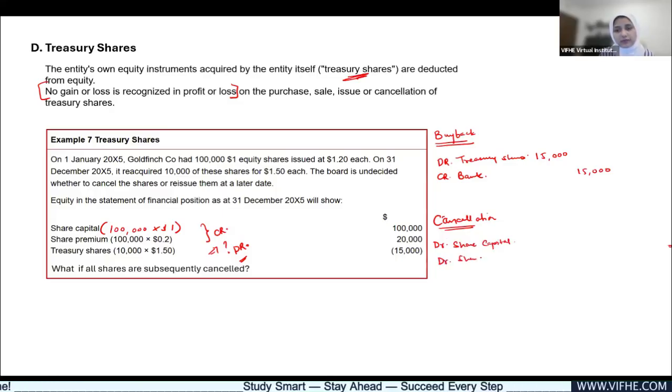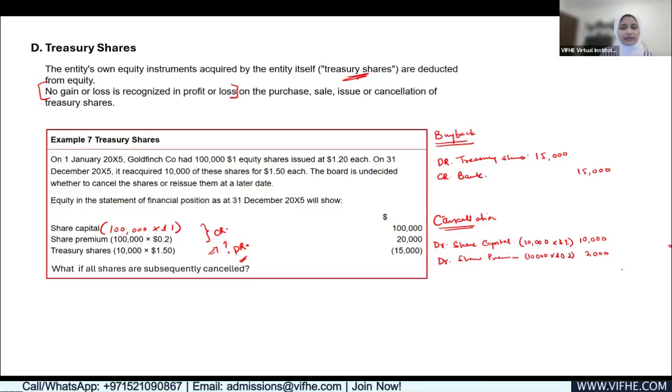Directly from share capital and share premium, I'm cancelling the effect of 10,000 shares. From share capital, 10,000 shares into $1 gives me 10,000 debit. And from share premium, 10,000 into 0.2 gives 2,000 debit. So this is getting cancelled. Did you understand what I did for the cancellation, debit share capital and debit share premium?